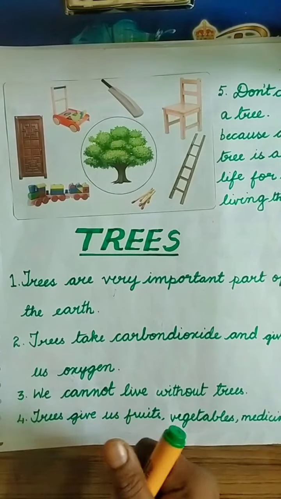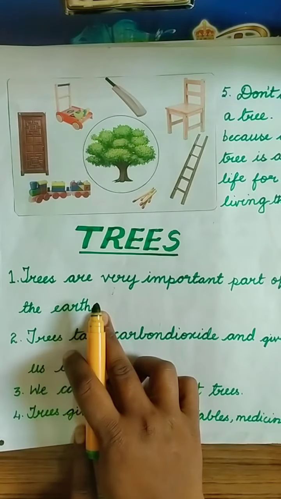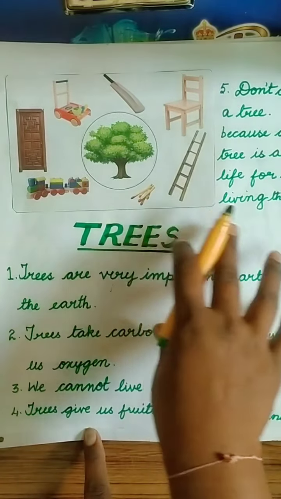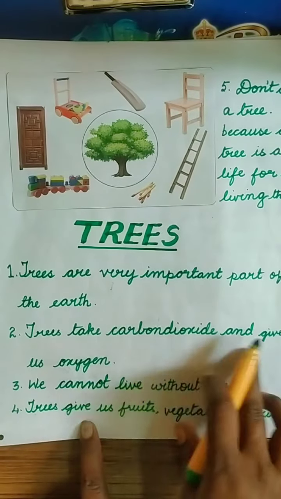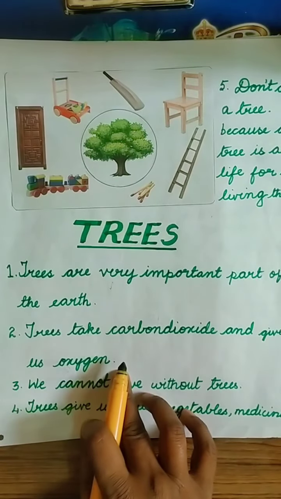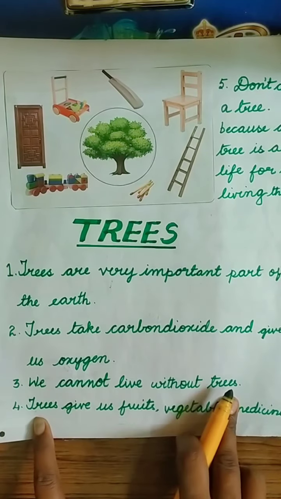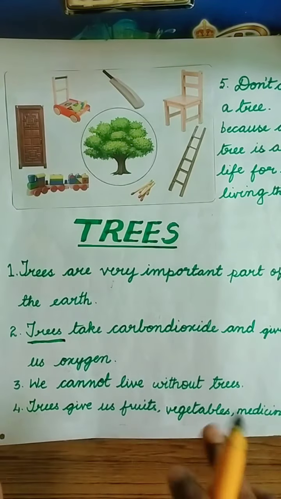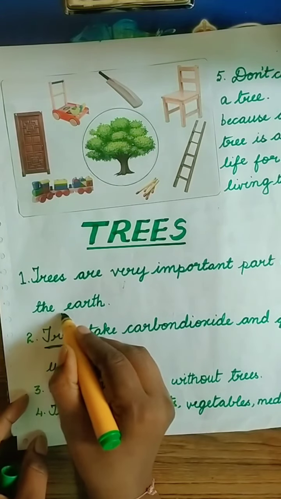Another example. Trees. Trees are a very important part of the earth. Here in this picture, I am explaining about trees. Trees take carbon dioxide and give us oxygen, as everyone knows, and we cannot live without trees. Here the word tree is repeating, so I am using they.